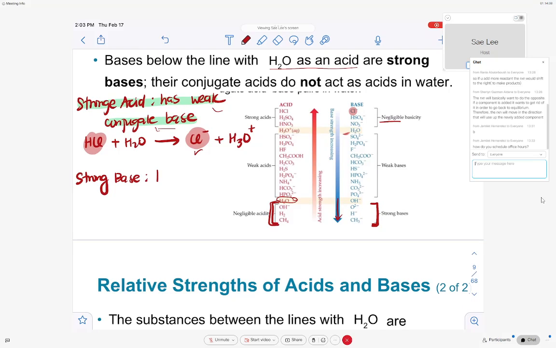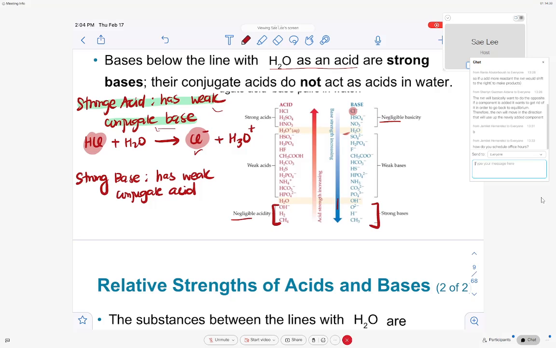Strong base has weak conjugate acid. This means the conjugate acids of strong bases have negligible or extremely low acidity, and they have no tendency to donate a proton.